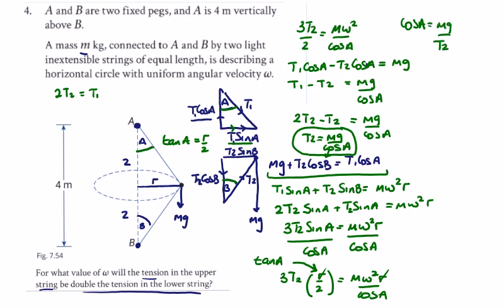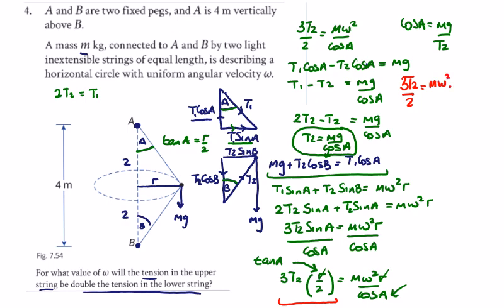And subbing that in here, that would mean you turn the fraction upside down and multiply. So we're going to get 3T2 over 2, I have it up here as well, 3T2 over 2 is equal to m omega squared.